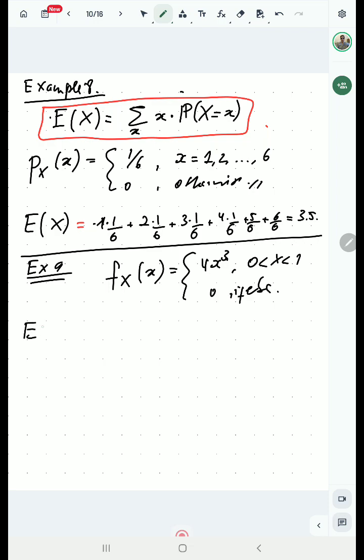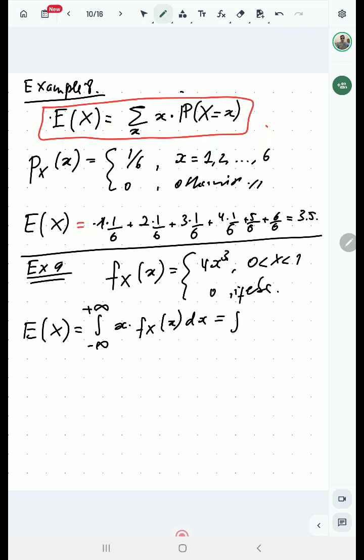So expectation of x, in continuous cases, is actually the integral from minus infinity to positive infinity of x times f of x dx, right? And here we know that the PDF is equal to 0 everywhere except for the 0, 1 interval.